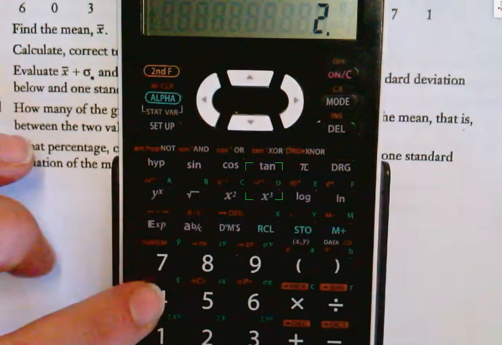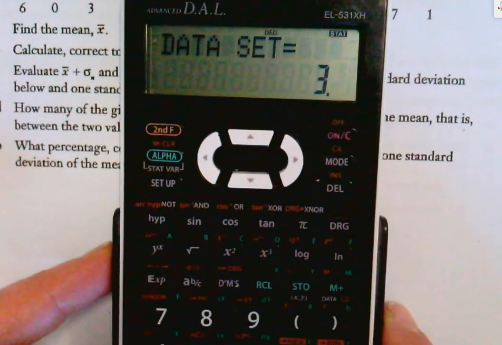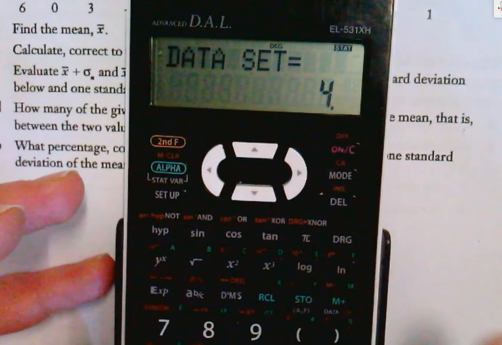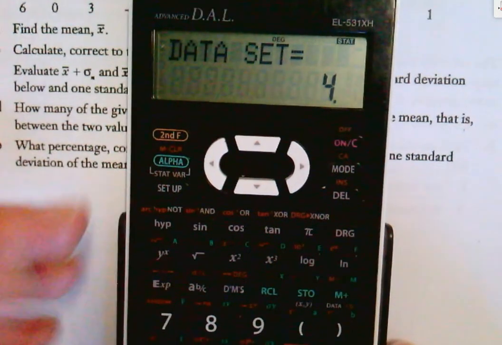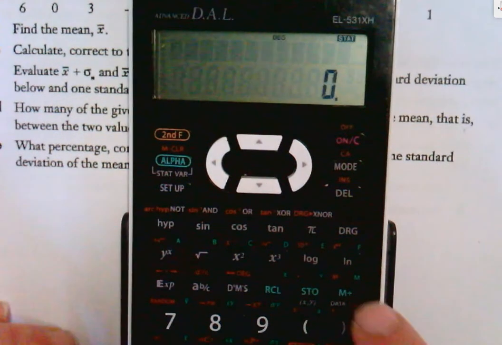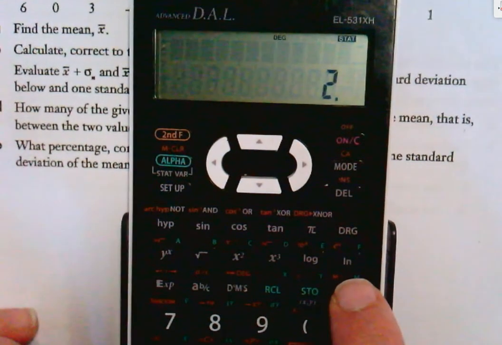So the next one is 4 M plus, and it says data set 3. Then I've got the number 2, and I press M plus, data set 4, etc. 3 M plus, data set 5, 0 M plus, data set 6, 2 M plus, and 2 M plus.